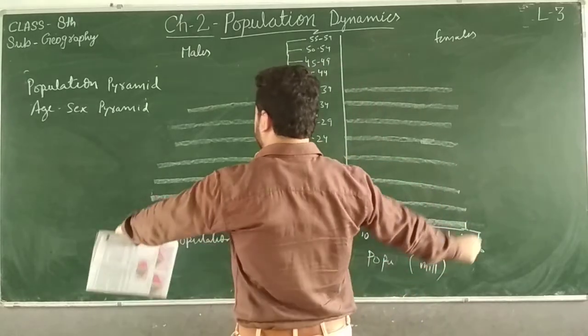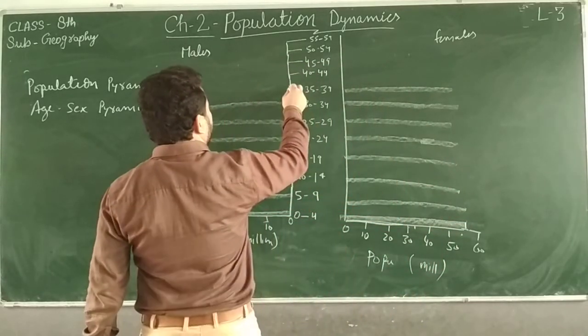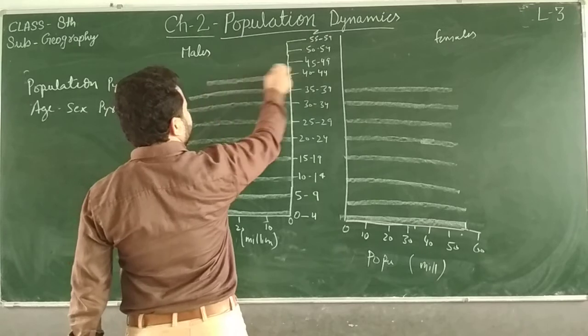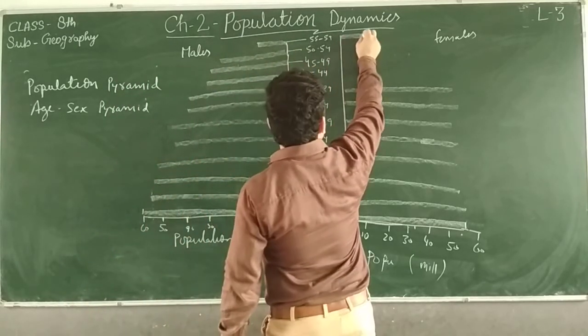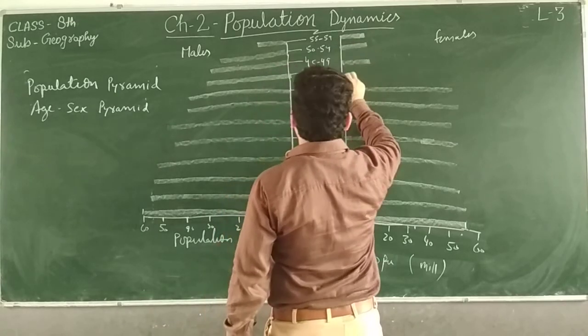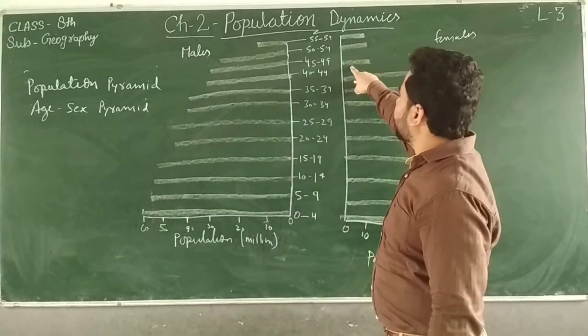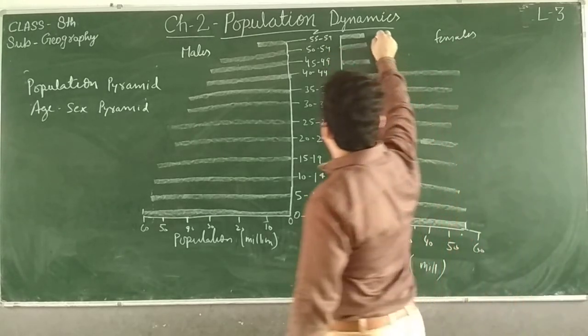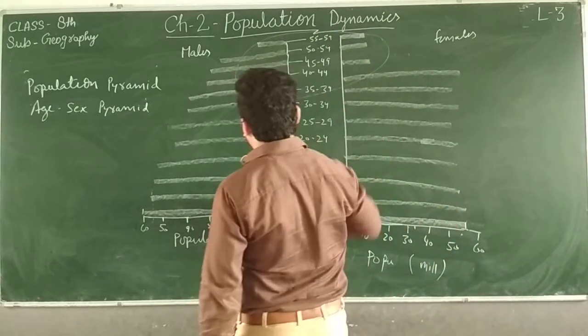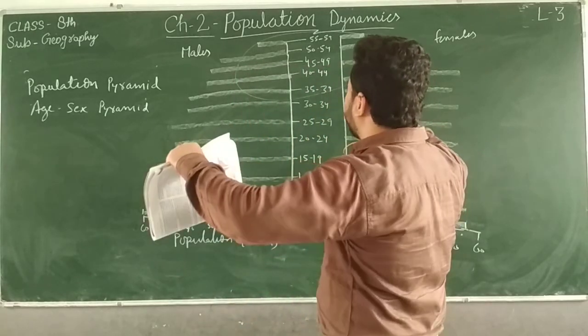So it is broad from the bottom, and when people are dying at the age of 40, 45, 50, very less population is left. So it means people are dying at 45, 50 on this side, clear or not?